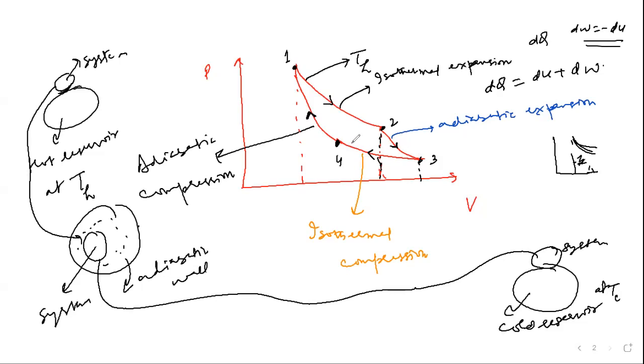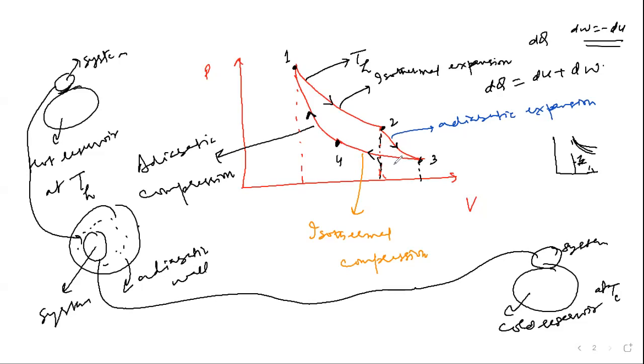That means the surroundings do work on the system, or the gas does negative work on the surroundings. So the gas is compressed from 3 to 4 isothermally.